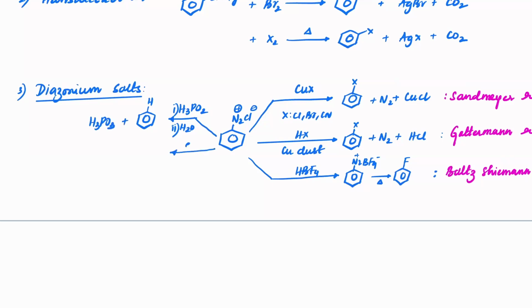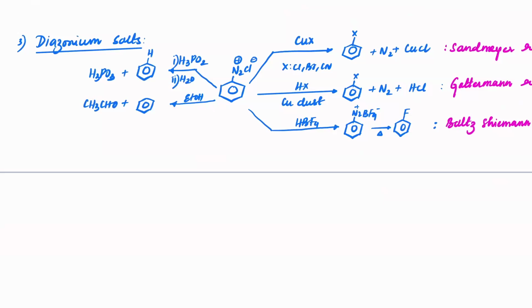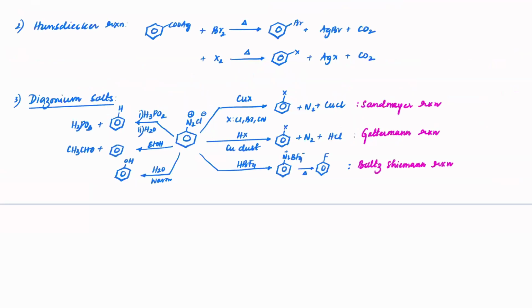If you take ethanol, you will get benzene plus CH3CHO. And lastly, with H2O and warm water, we have just noticed that it will become phenol. So these are important reactions of diazonium salts, at least for this topic.